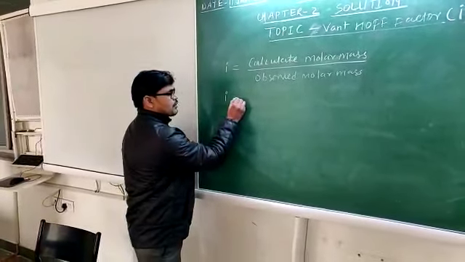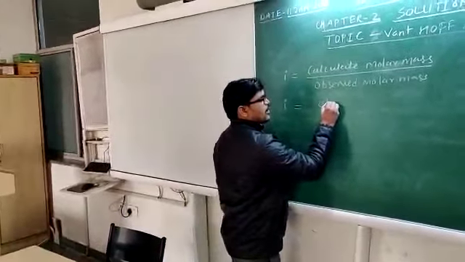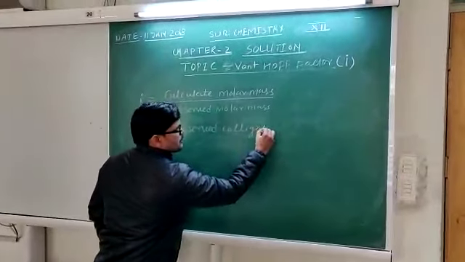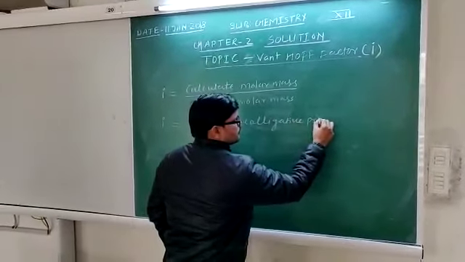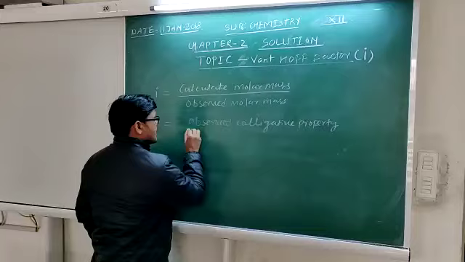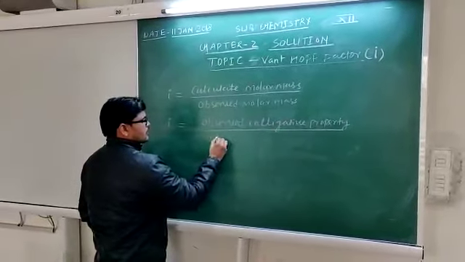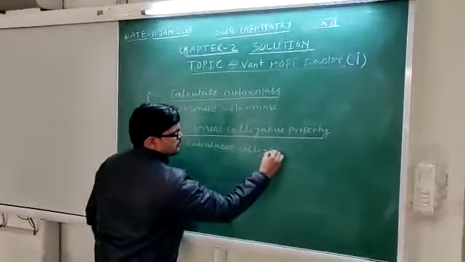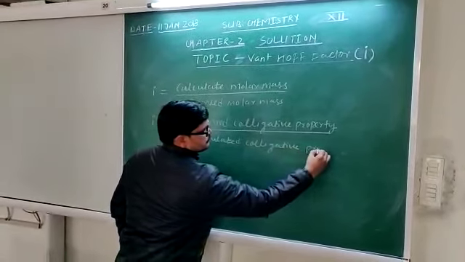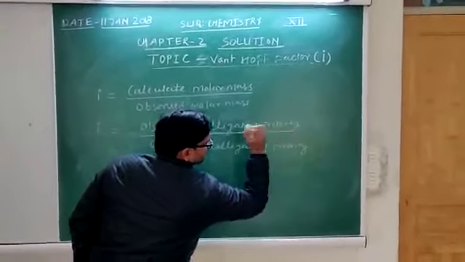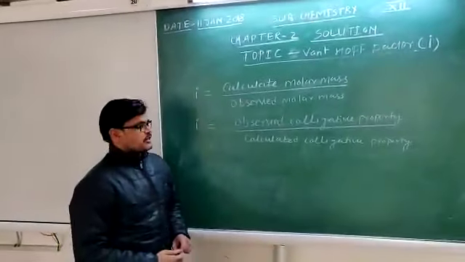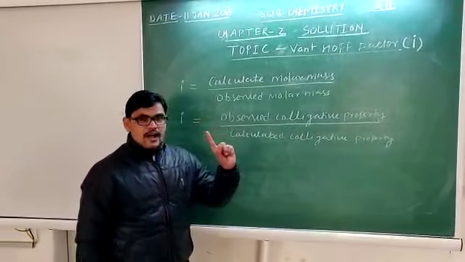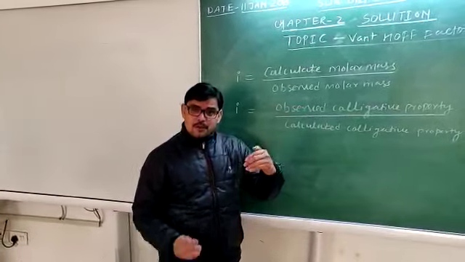And the formula to calculate the van't Hoff factor: observed colligative property and calculated colligative property. How can we say observed colligative property upon calculated colligative property? Colligative property is inversely proportional to the molar mass.